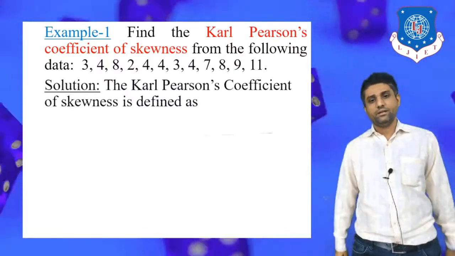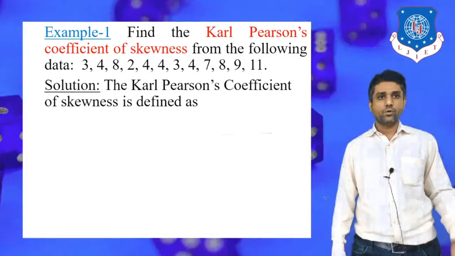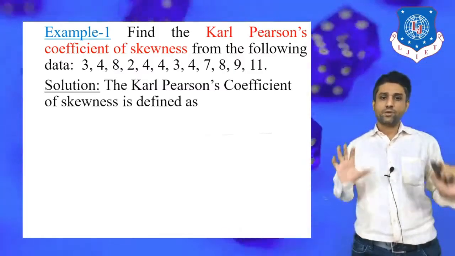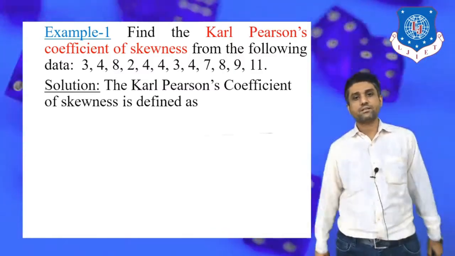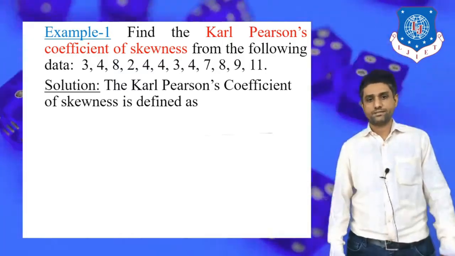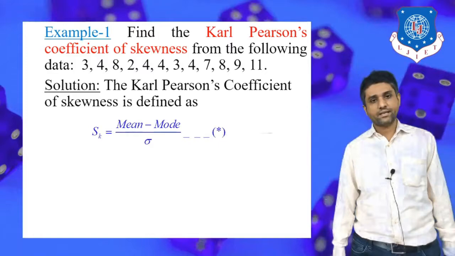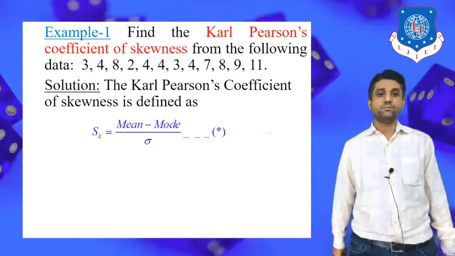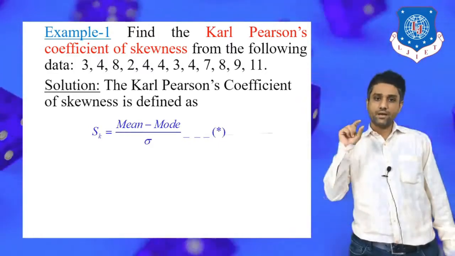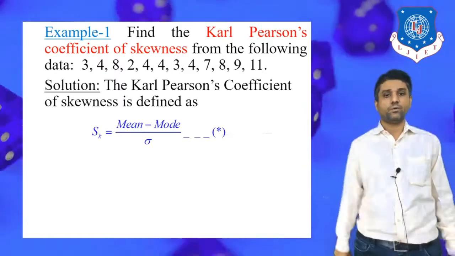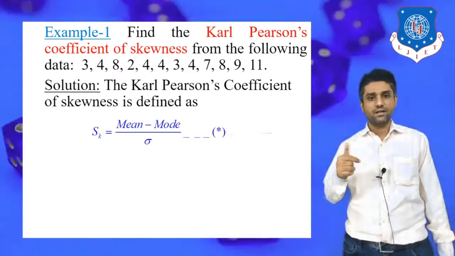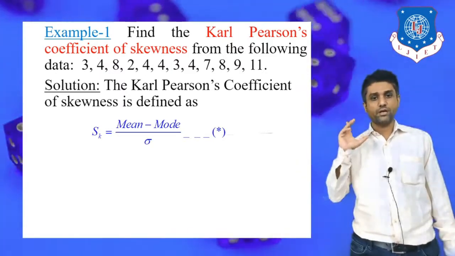So let's start to find the Karl Pearson coefficient of skewness. As we saw in the last lecture, it is denoted by Sk, where capital S stands for skewness and the suffix k stands for Karl Pearson.